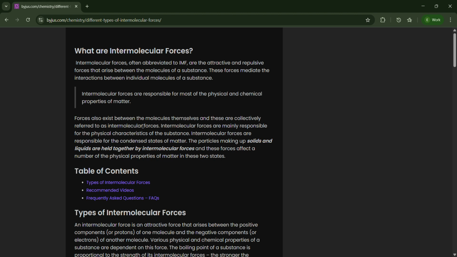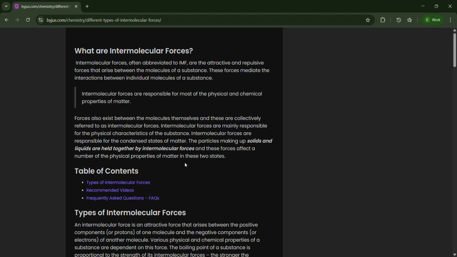Forces also exist between the molecules themselves, and these are collectively referred to as intermolecular forces. Intermolecular forces are mainly responsible for the physical characteristics of the substance. They are responsible for the condensed states of matter. The particles making up solids and liquids are held together by intermolecular forces, and these forces affect a number of physical properties of matter in these two states.